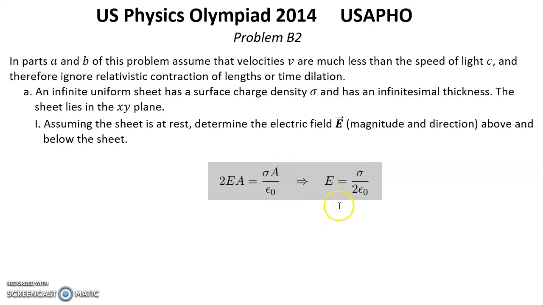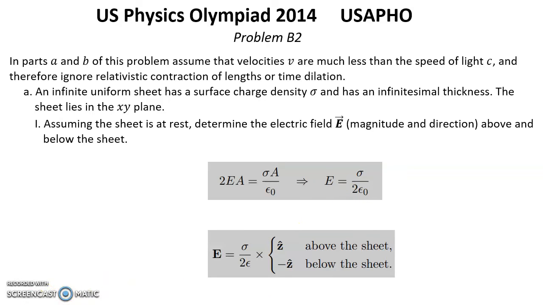From here we have the magnitude of the electric field, sigma over 2 epsilon 0. And for direction, we have positive direction above the sheet in the z direction, and negative below the sheet, like here.